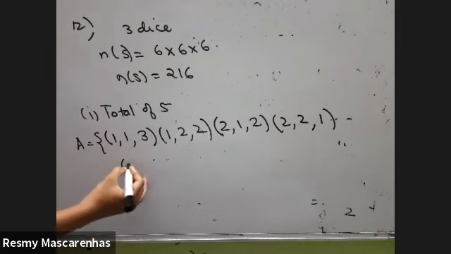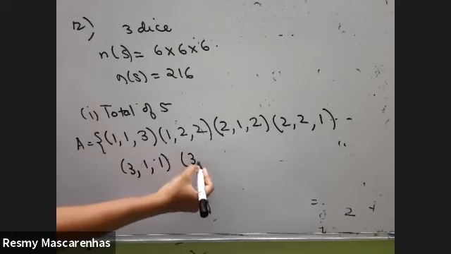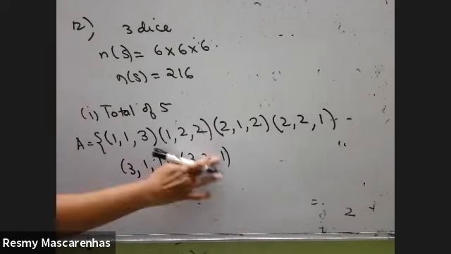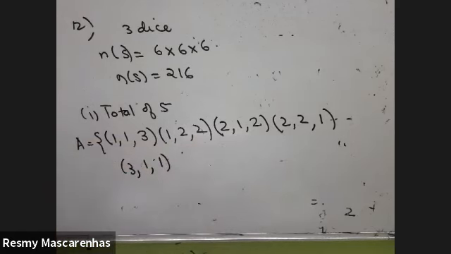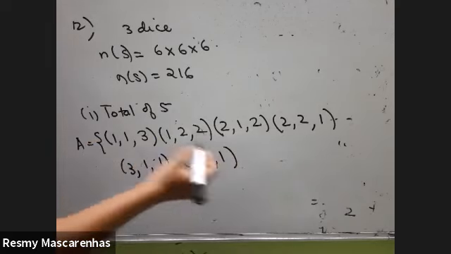Then I'll start with 3 and see. 3, 1, 1. If I'm taking 3, 2, it is not possible, because if I put 1 here, it will not work. One more option is there: 1, 3, 1.